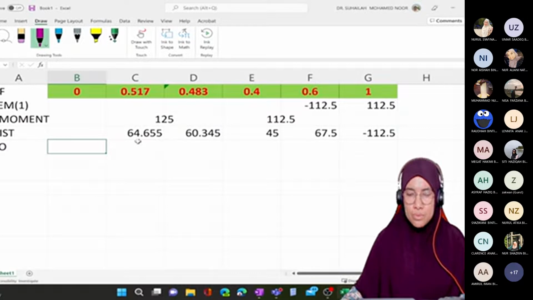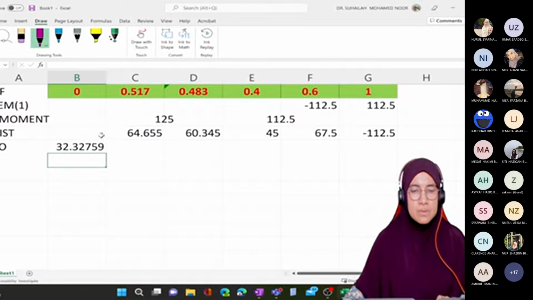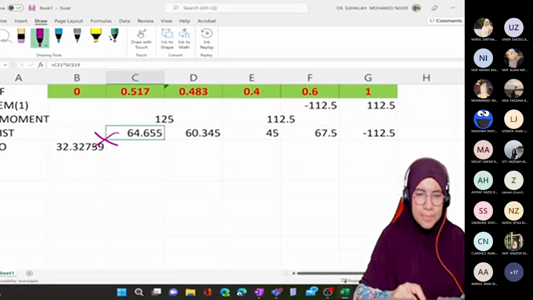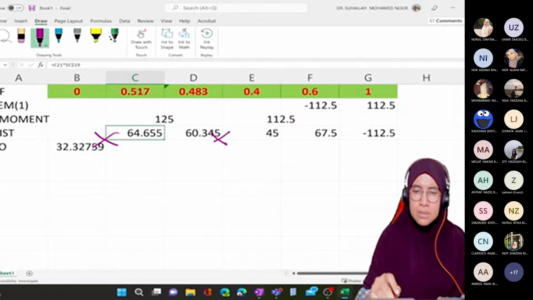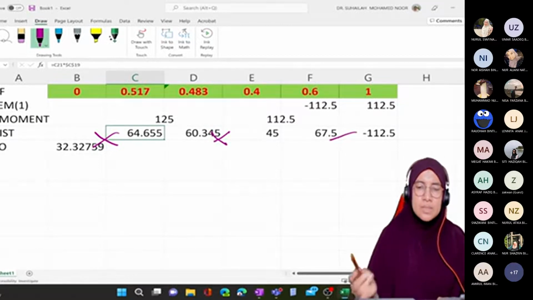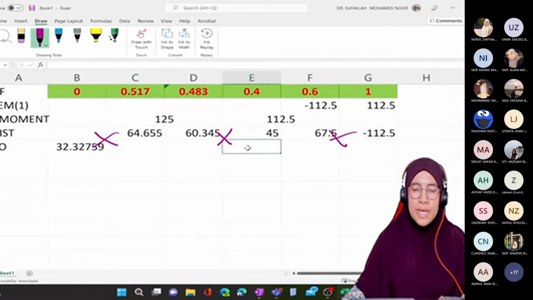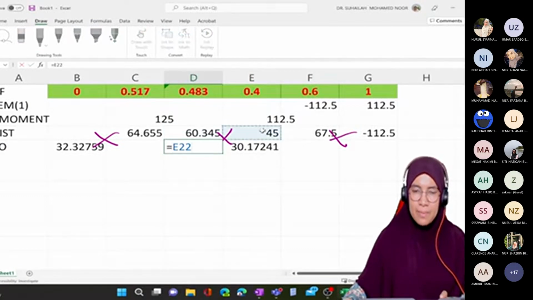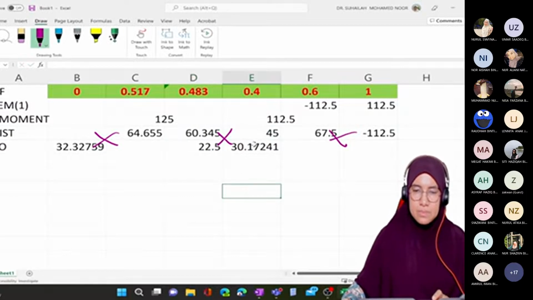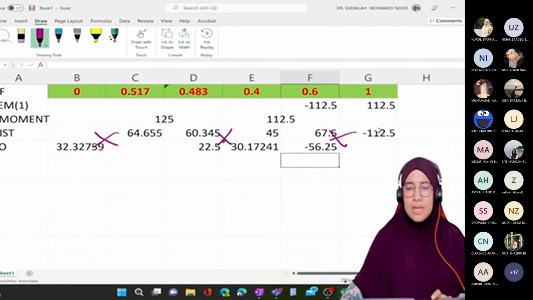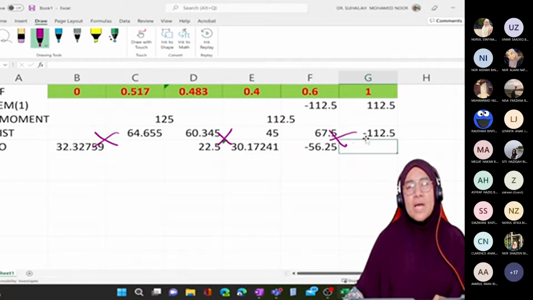The rest we divide by 2, crossing the boundary. So here we get 60 divided by 2, 45 divided by 2, and negative 112.5 divided by 2, except 67.5, because the factor is 0.